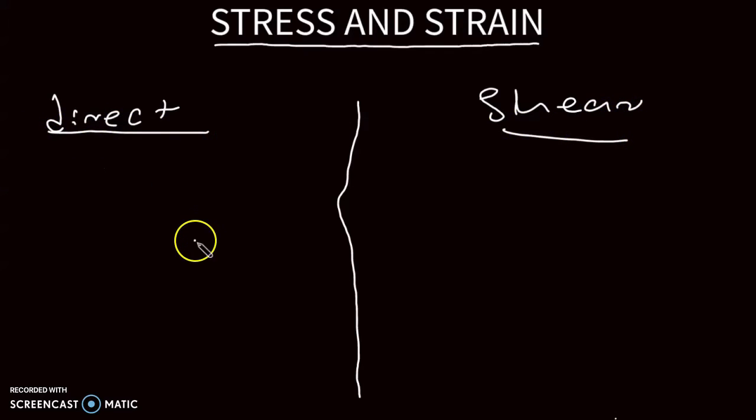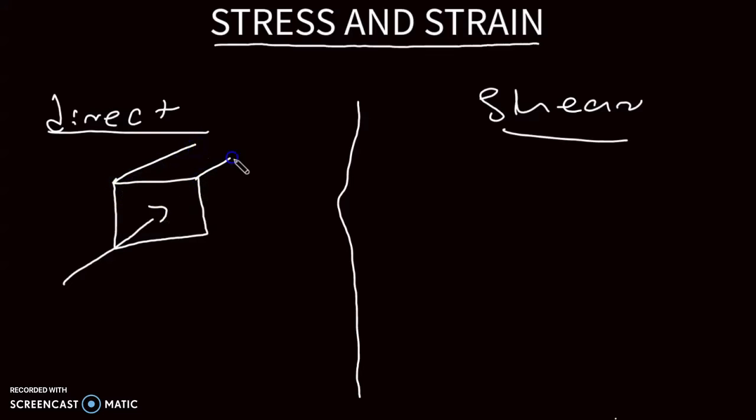The direct stress is caused by a force that is applied directly on the cross-sectional area that is affected, or the cross-sectional area that we are dealing with. The force will act perpendicular to the cross-sectional area that we are dealing with.